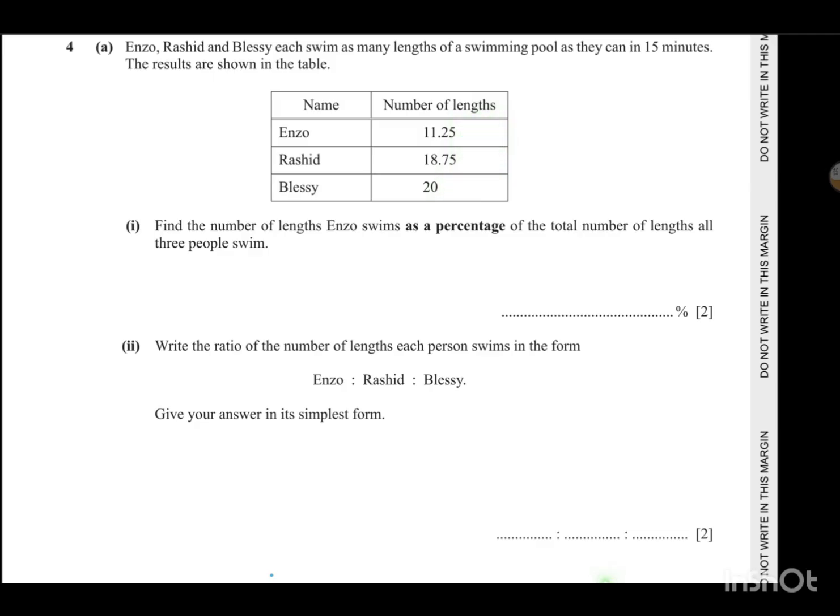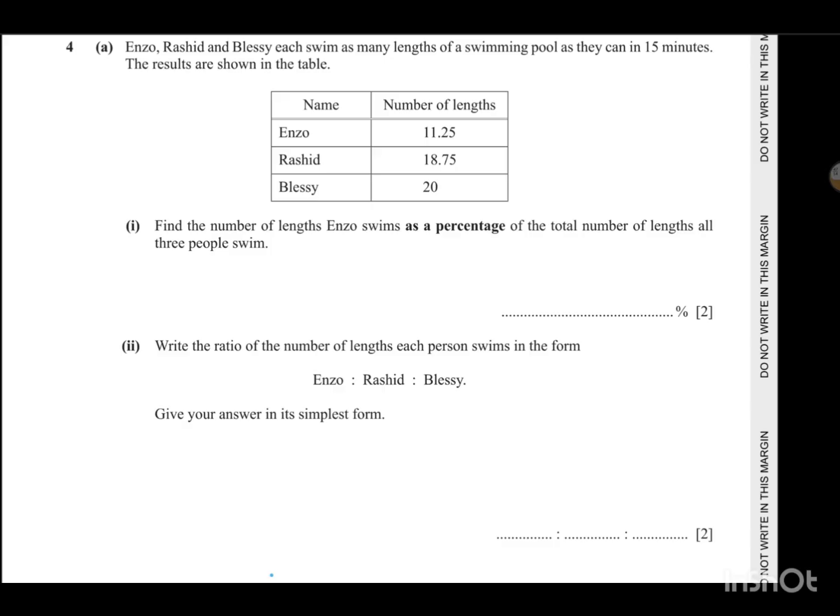Find the number of lengths Enzo swims as a percentage of the total number of lengths all three people swim. So now we have to find the lengths Enzo swam as a percentage of the total of these three people swimming.